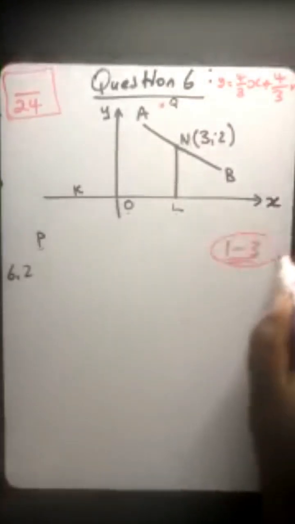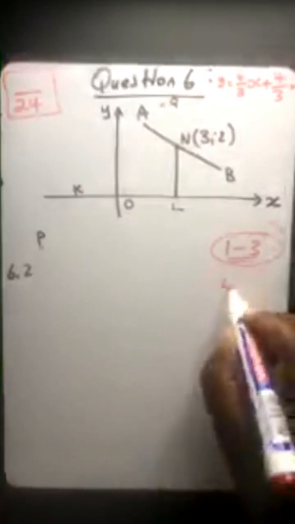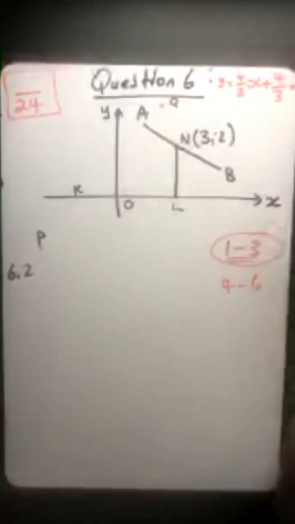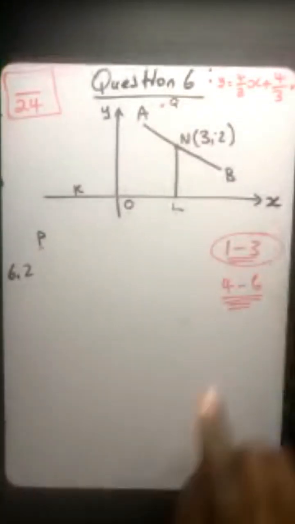These marks are only allocated for you to write the correct answer. Starting from 4 to 5 or 6, this is where you need to think and possibly have a lengthy calculation. So anything 1, 2, 3, not complicated.